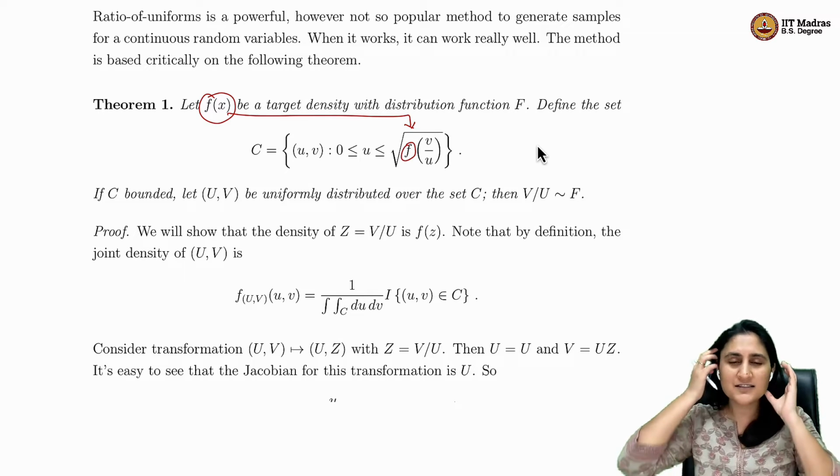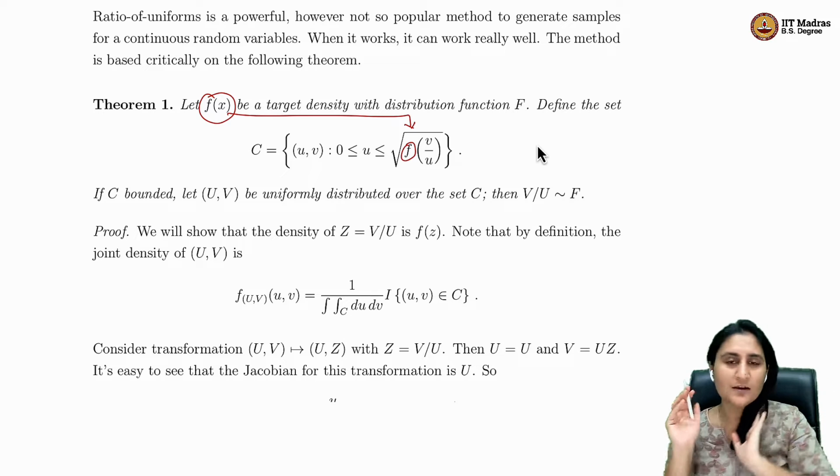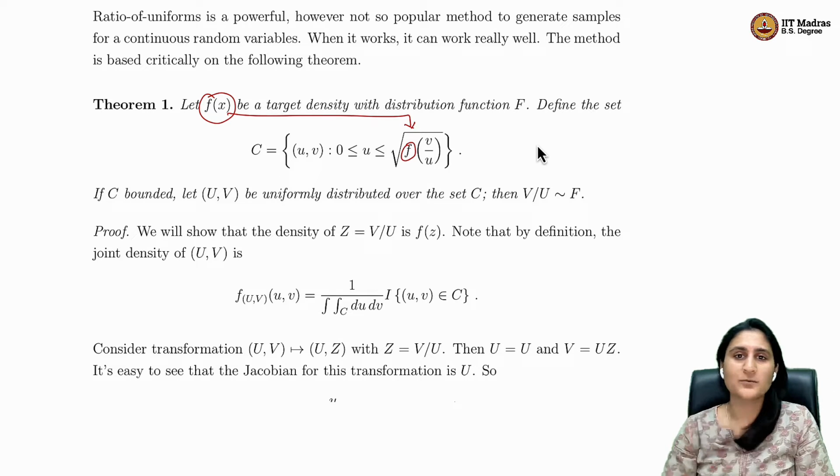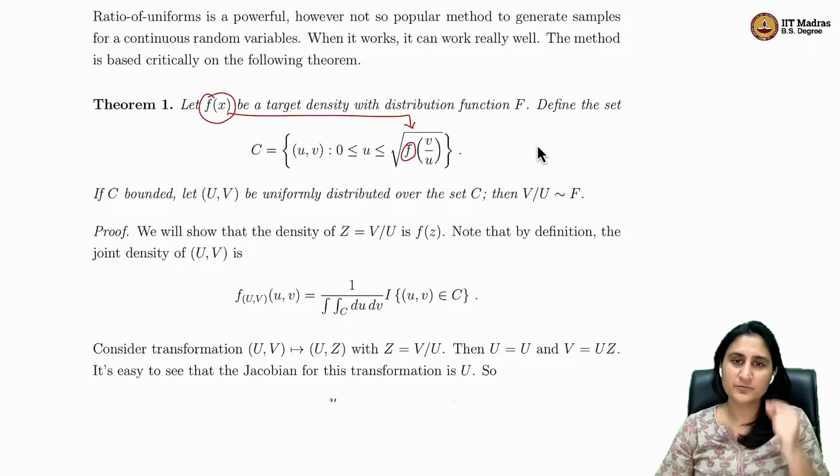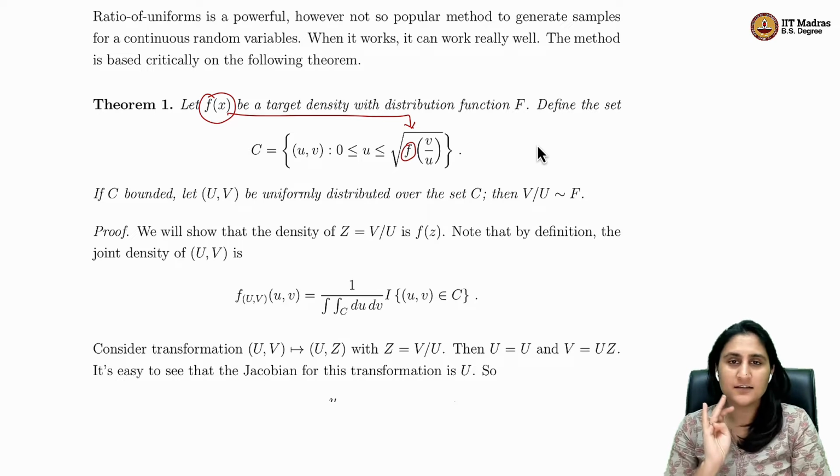And this weird looking set C is going to be our critical object. Now, if set C is a bounded set, only if it's a bounded set, then the following result says that if capital U and capital V are a combination of random variables that are uniformly distributed over this set C, then V by U is distributed according to F. Alright. This is the theorem.